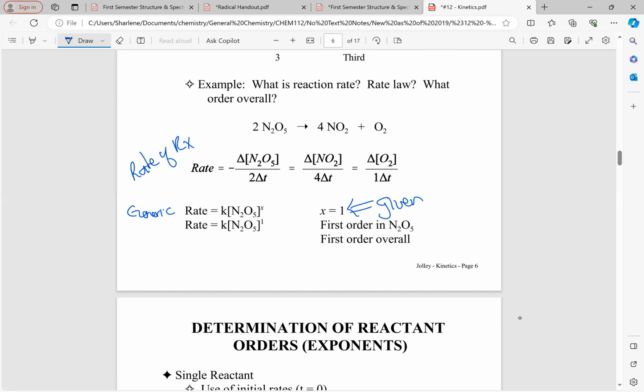From experimental data, I found out that the x is equal to 1. So I now put the 1 right there, and there's only one of them, so it's first order in N2O5, but also first order overall, because there's only one.